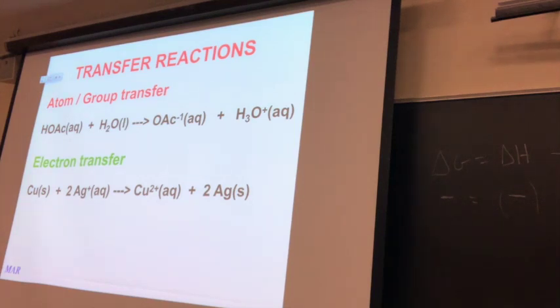It's when electrons get transferred from one species to the other. And this is an example of an electron transfer reaction. When the copper atom and the silver plus ion come close to each other, there's a desire for copper to transfer electrons to the silver ions. And you end up making copper 2 plus ions and silver metal.